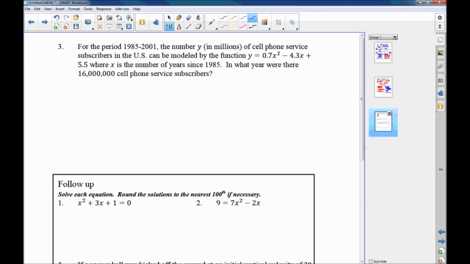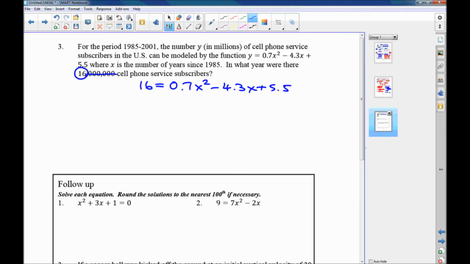So our y is in terms of millions. This is 16 million. These six zeros get marked off when I plug in for y. So 16 million, that's in terms of y, in terms of millions, is equal to 0.7x squared minus 4.3x plus 5.5.